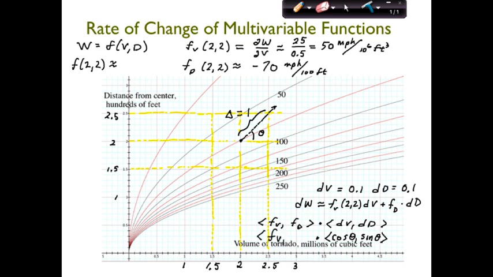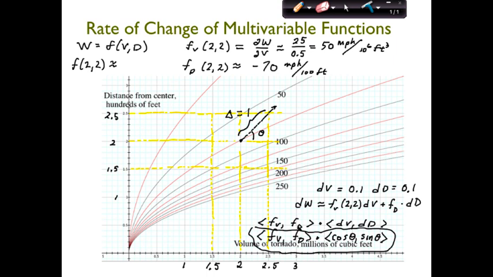So what did I just do? I just showed this formula, this dot product, will give me the rate of change in any direction specified by theta. So now we've gone from what? Two rates of change, the partials, to how many rates of change? How many rates of change can I talk about now?